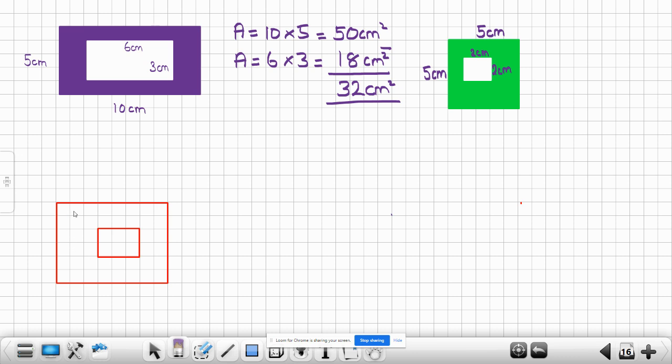Pause, have a go at these last 2, and then you can just check your work afterwards. So this one, 1, 2, 3, 4, 5, 6, 7, 8. That's 8 centimetres. 3, 6. And this one is 3 by 2.